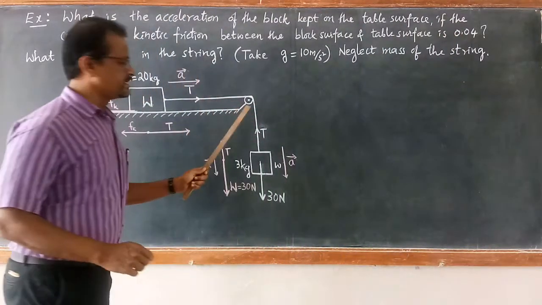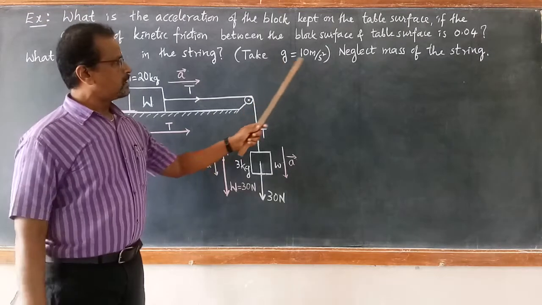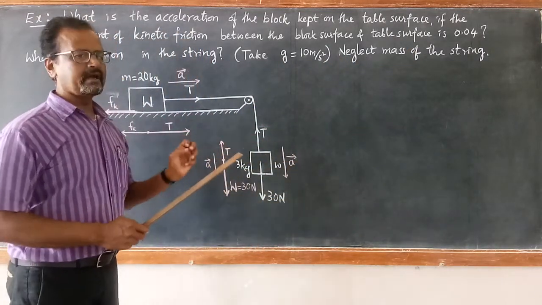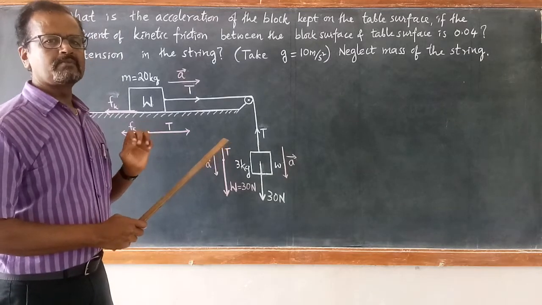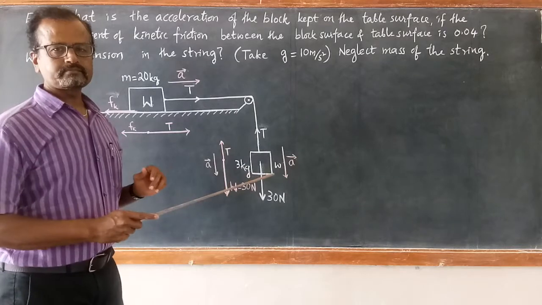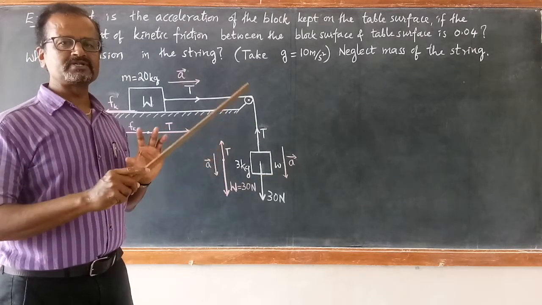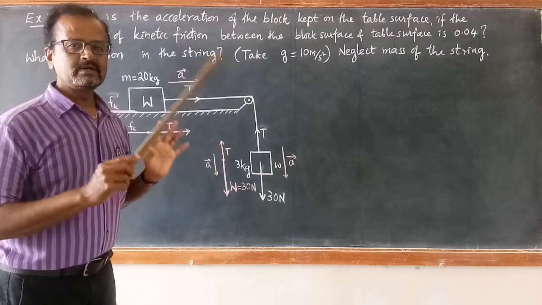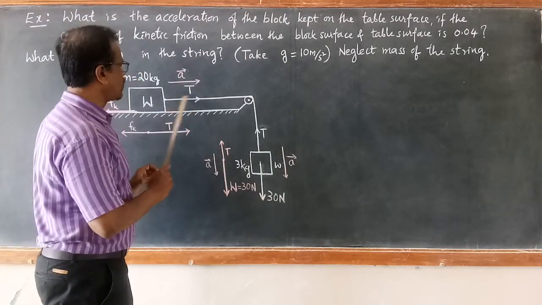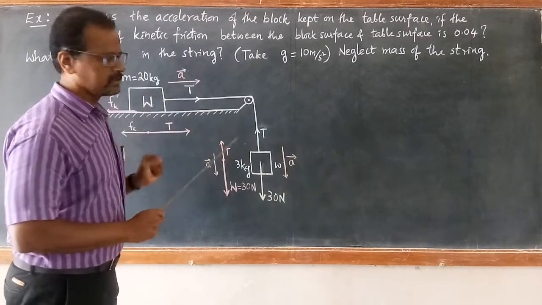So here the string is inextensible and the mass of the string is neglected. It is very thin and has almost negligible mass, and the pulley is also a frictionless pulley, very smooth. So if this is pulling it down, how do we calculate the acceleration of the block?